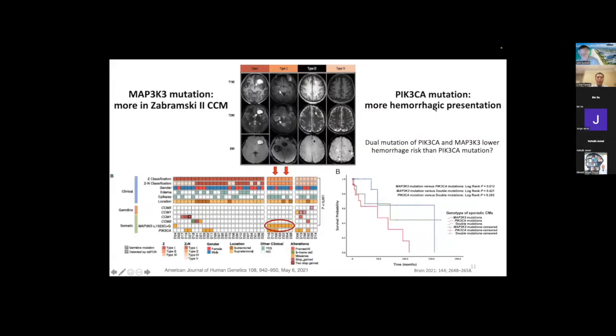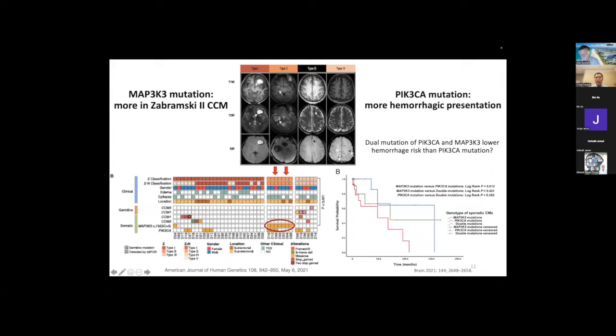And my colleagues at Tiantan also reviewed the MAP3K3 mutation, and this mutation was more commonly found in CCM with Zabramski type 2, just the popcorn lesions right here.